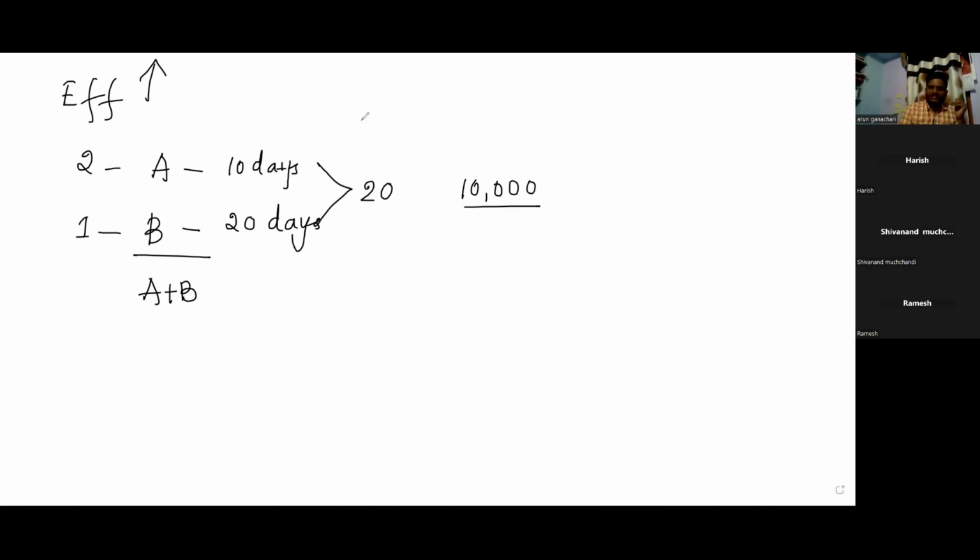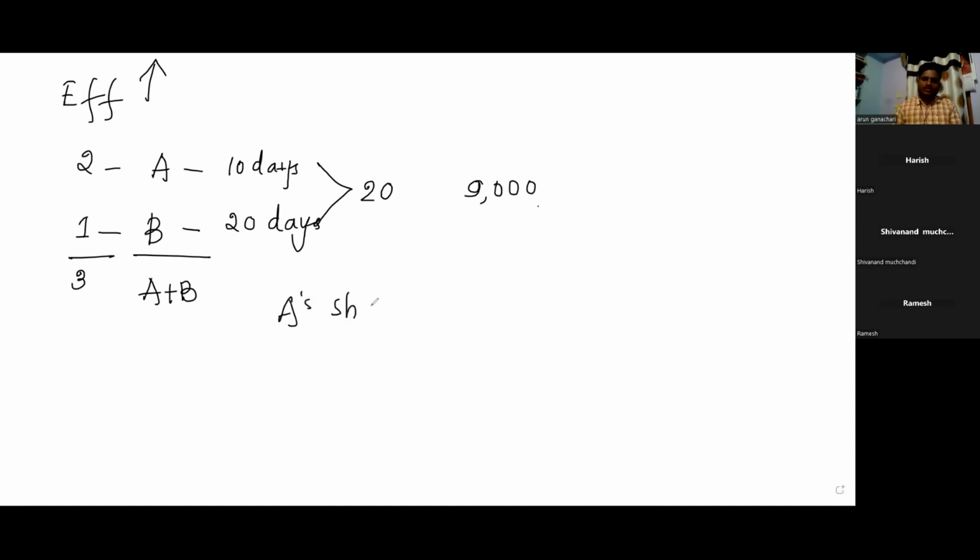I'm changing the total to 9,000 so that it will make our calculation simple. If they ask how much money A got, total efficiency is 3.